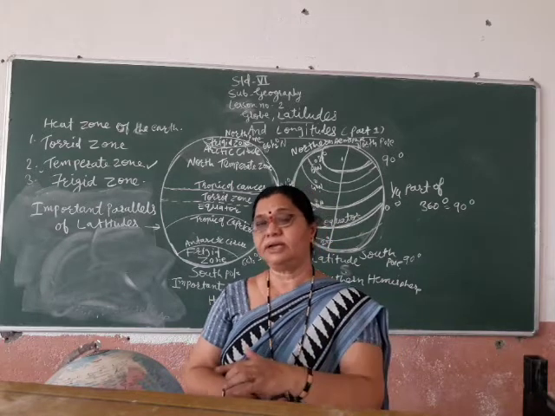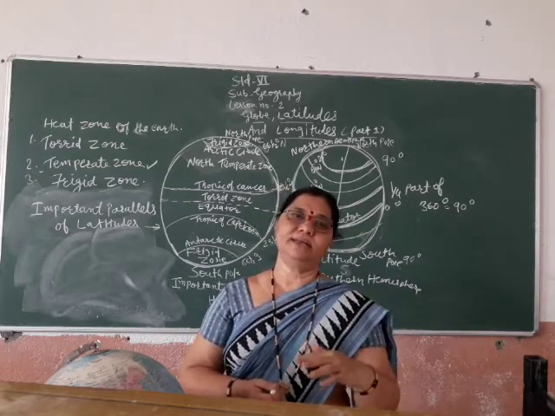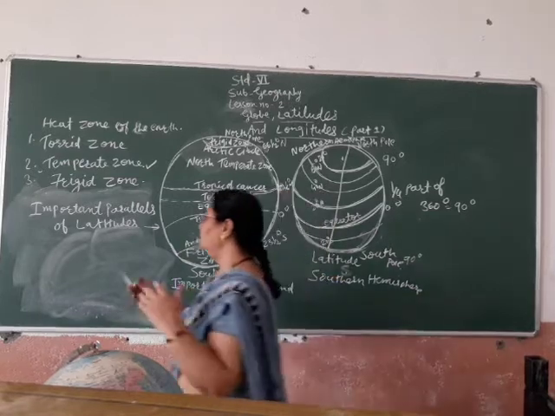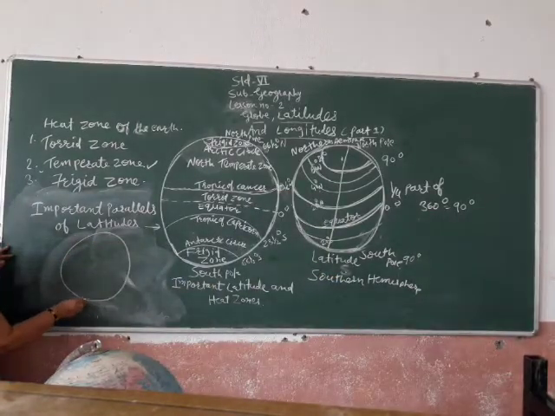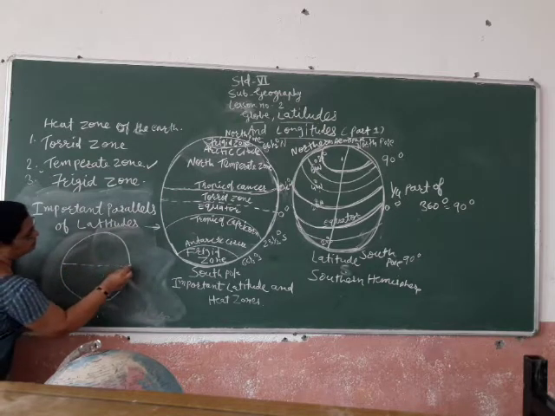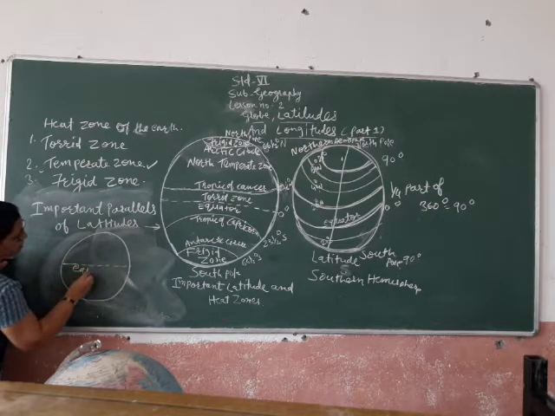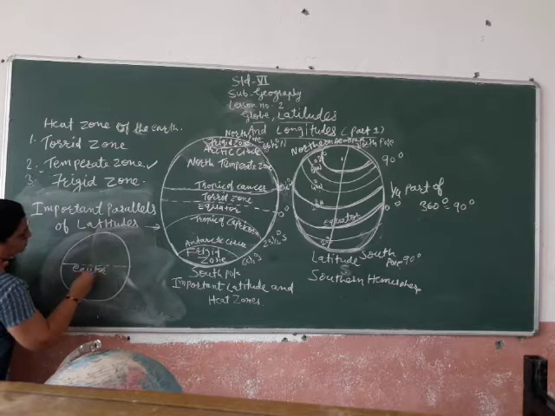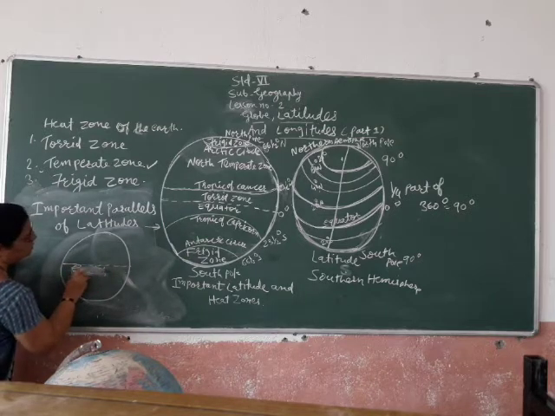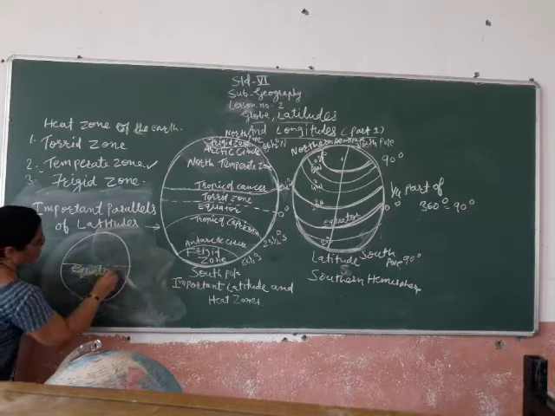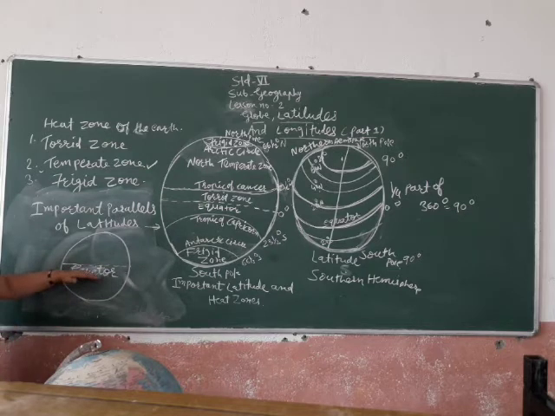Because the equator is an imaginary line. See, suppose this is the earth, and this is the equator. Because of this equator, the earth has been divided into two parts.